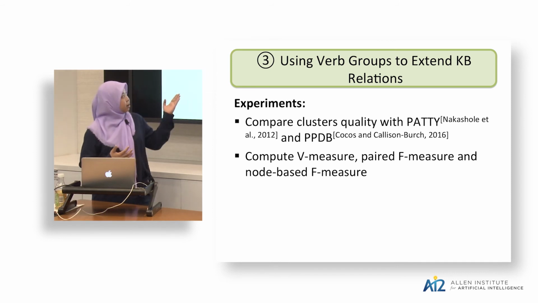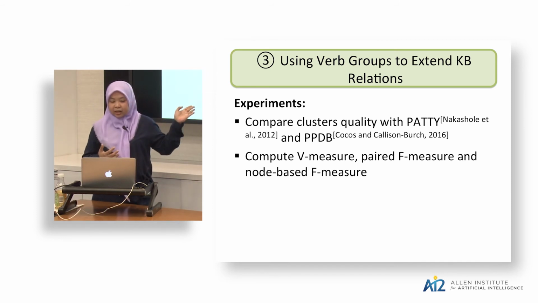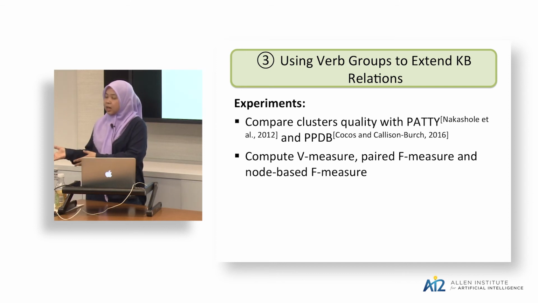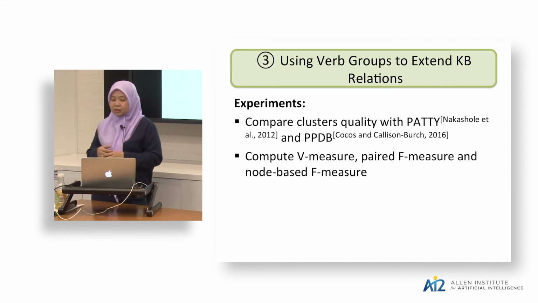And we compute the V measure, which measures the completeness and homogeneity of the resulting clusters compared to the reference clusters, as well as the paired F measure and the node-based F measure.